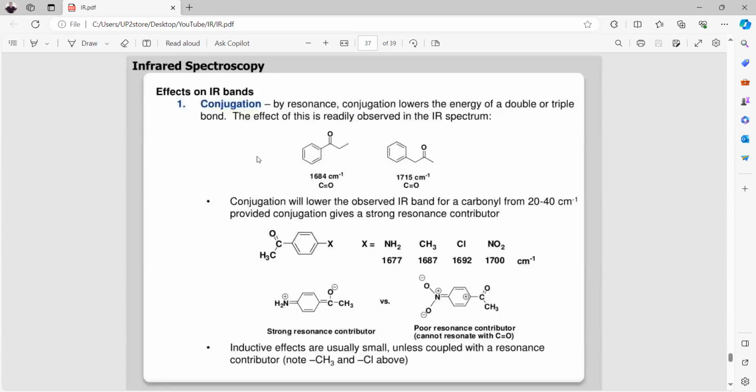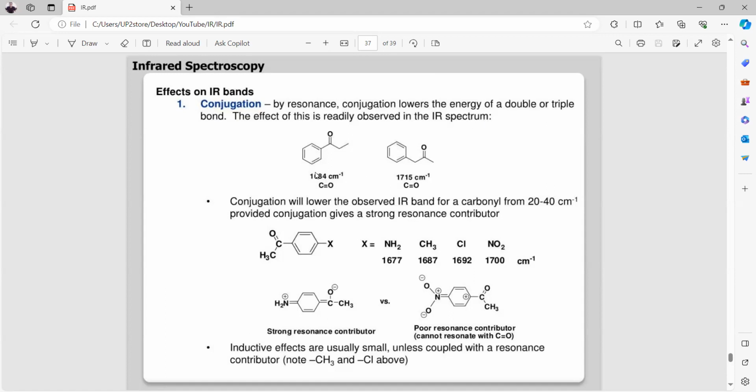So there are many reasons that affect the IR band. The first reason is conjugation. Pi-resonance conjugation lowers the energy of a double or triple bond, and the effect of this is really observed in the IR spectrum.